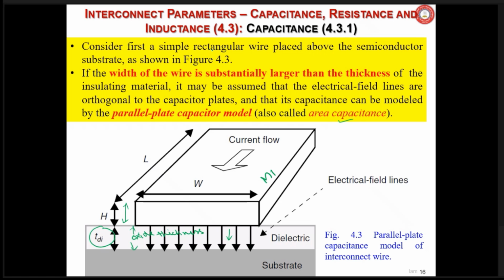Consider first a simple rectangular wire placed above the semiconductor substrate. This is the substrate, and a rectangular wire with width W and length L is shown here. If the width of the wire is substantially larger than the thickness, this height H, it may be assumed that the electrical field lines are orthogonal, vertical here, as can be shown here.